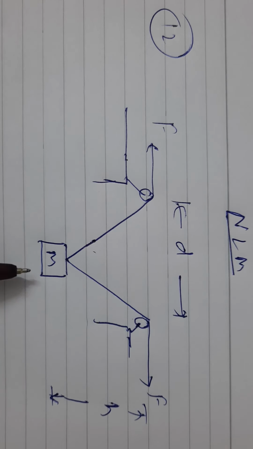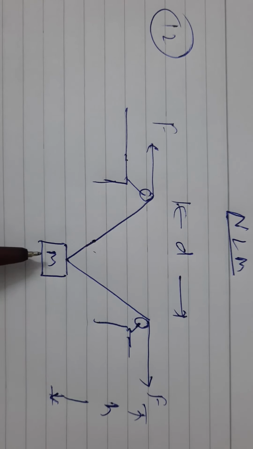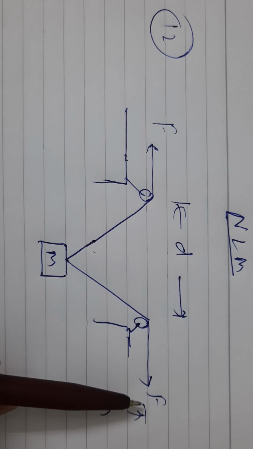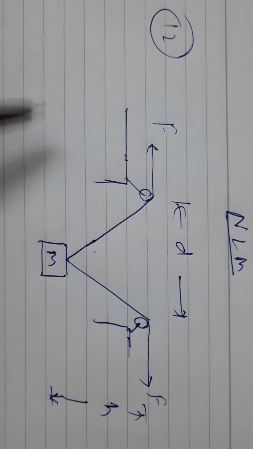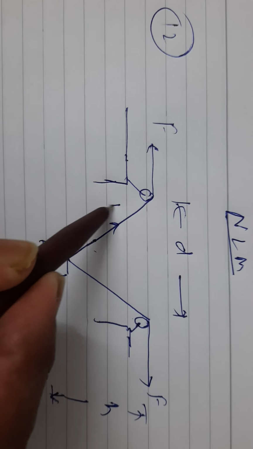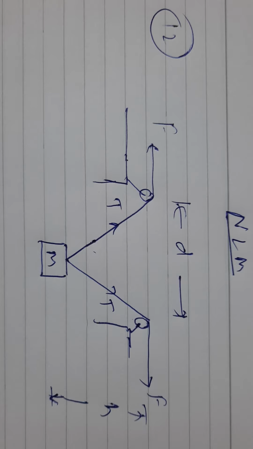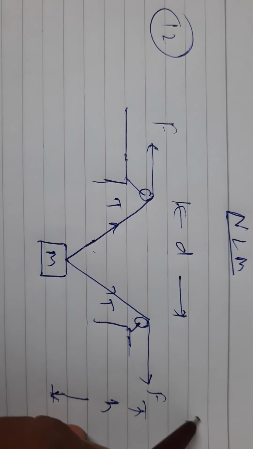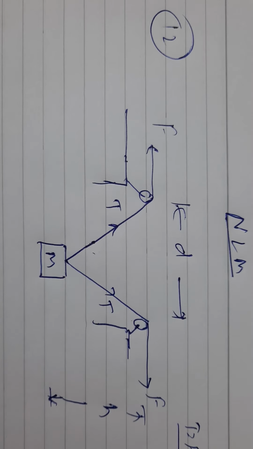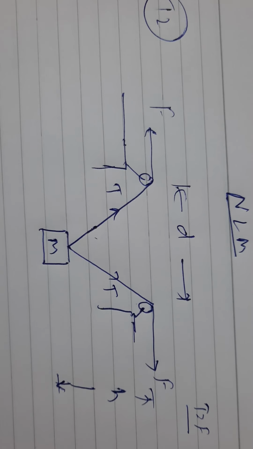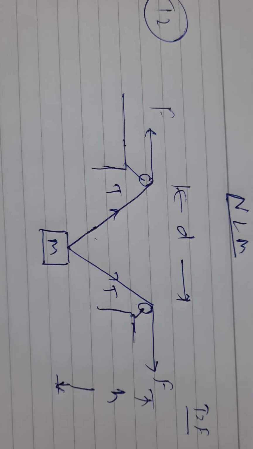Now I'm making a symbolic diagram: the man inside the ditch has mass M, and these people exert force F. There is tension T generated in this rope, and definitely this T must be equal to the force F. Whatever force is exerted on the string is revealed in the form of tension.